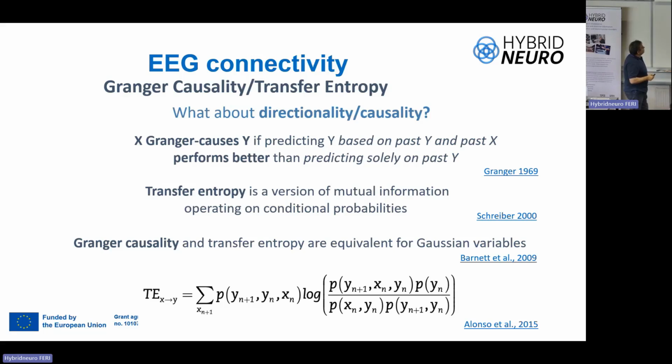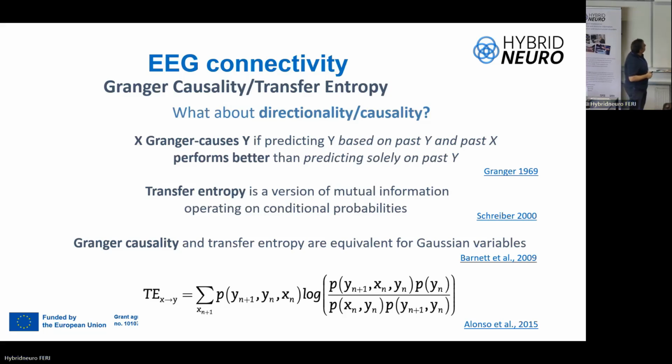So as we use the past and also the other signal, this is a directed method, okay, effective connectivity, because it's not the same from X to Y and from Y to X. And the transfer entropy based on the Shannon entropy is, well, this is explained here, a different approach to the Granger causality.